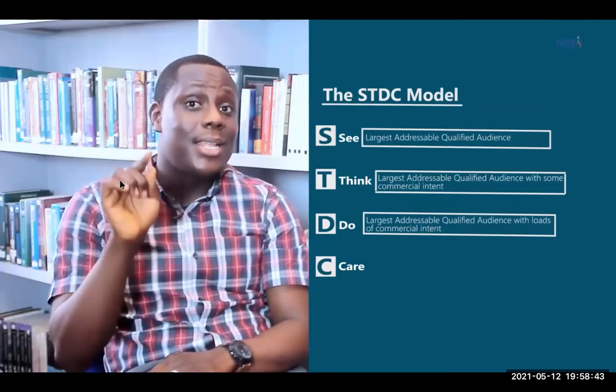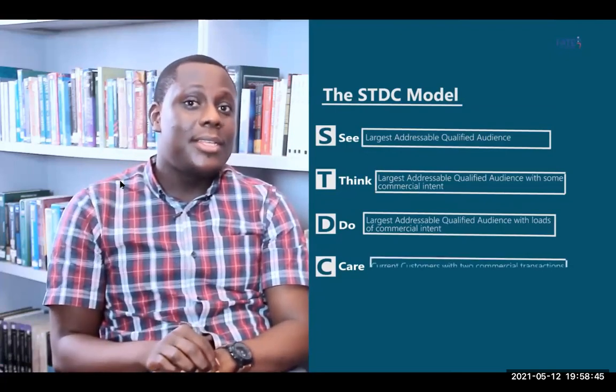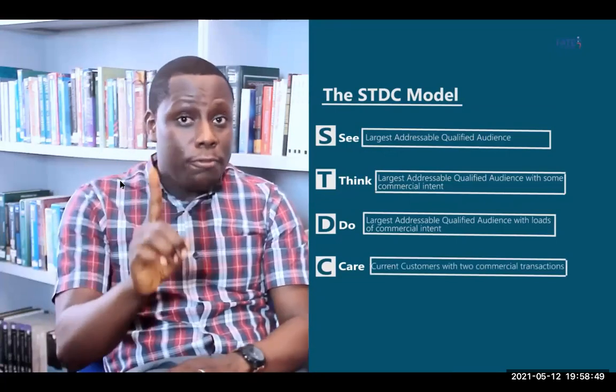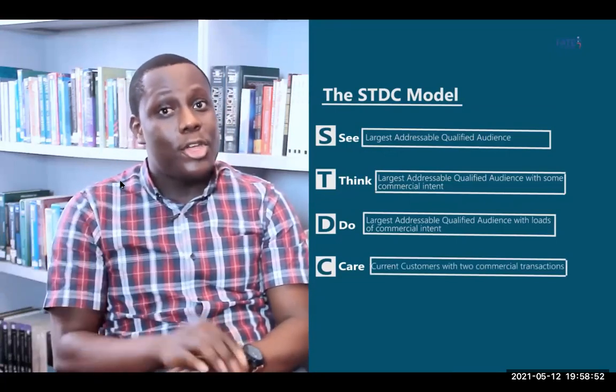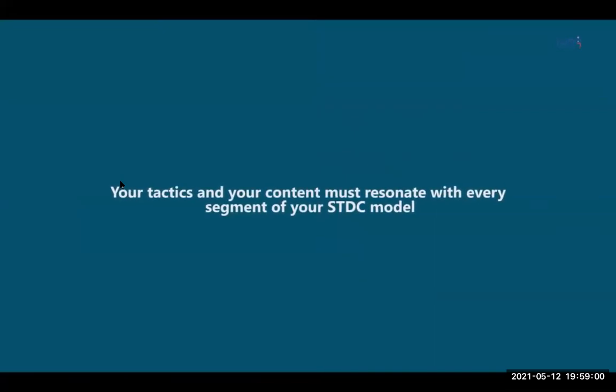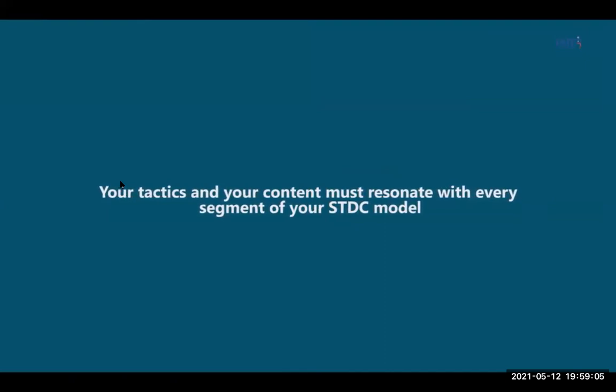And then the last is the Care audience. These are customers who have bought from you more than once. If they bought from you once, it might be a mistake or you were just lucky. But if they bought from you more than once, we can categorize them as your customer. So your tactics and your content must resonate with every segment of the STDC model.